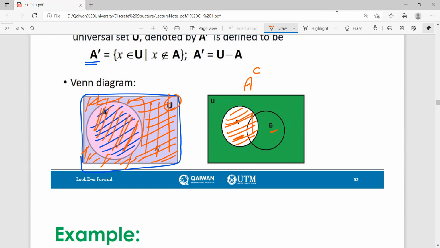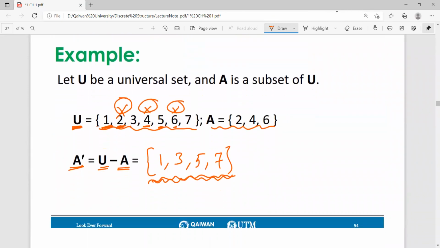And here, this is A, and the green area is A complement. The union of these two is the universal set. That means if you find the union of any set with its complement, we get the universal set.